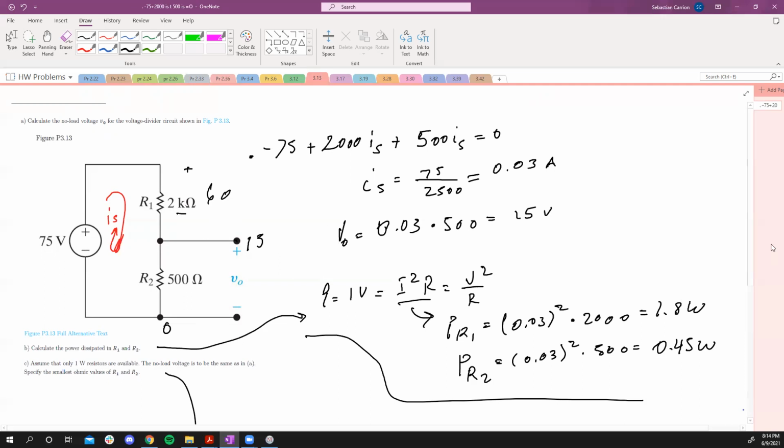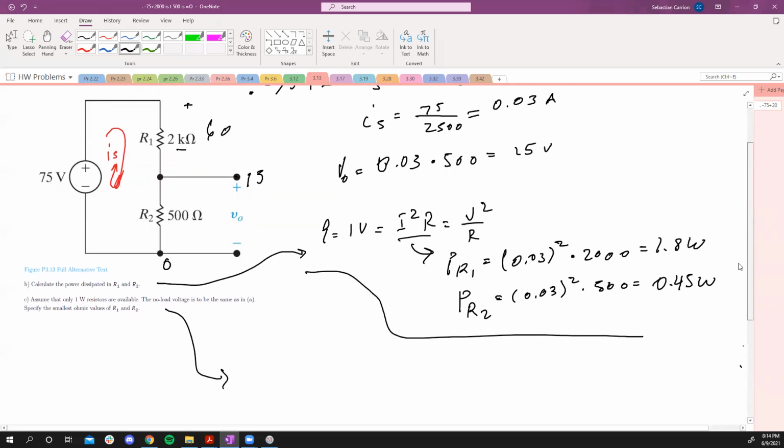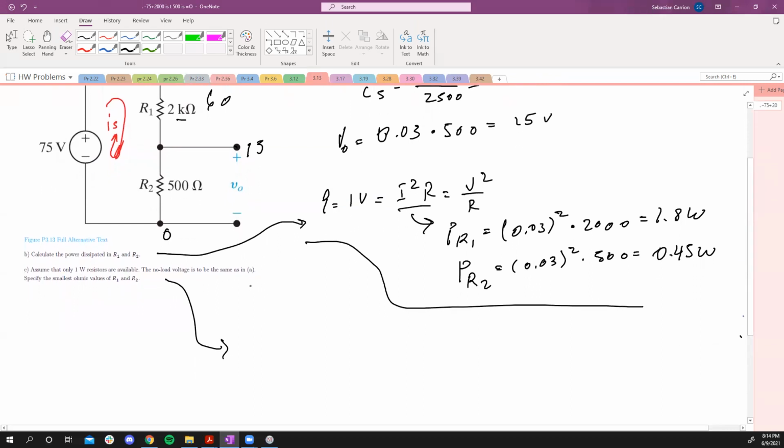So yeah, we know R1 is greater than R2. So let's use V squared over R since we already know the potential.